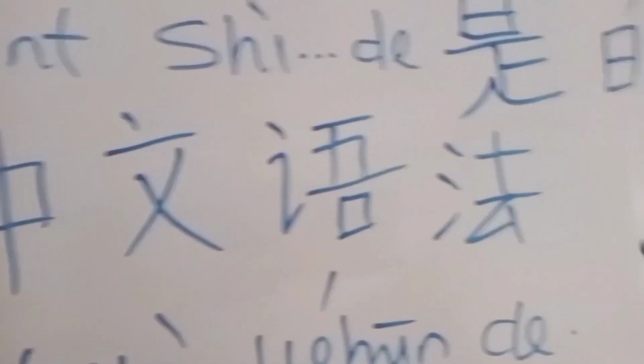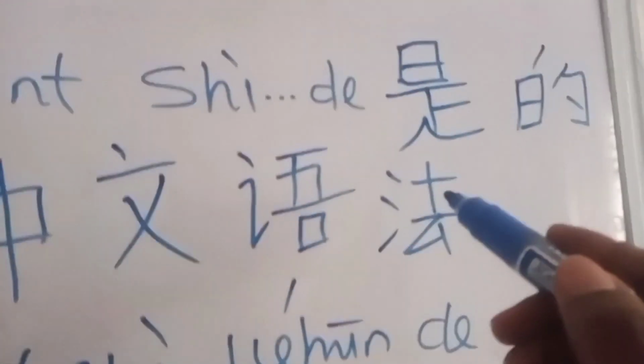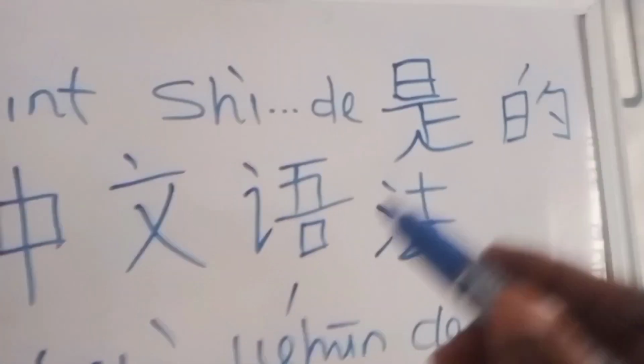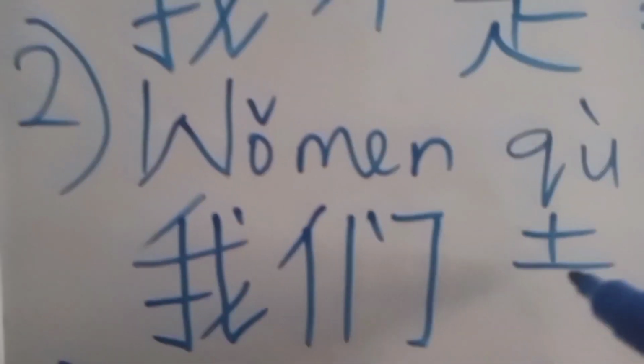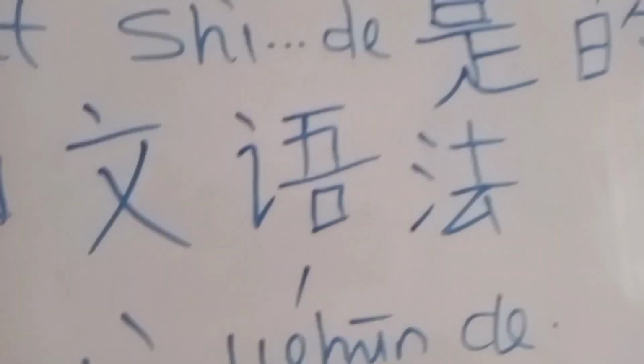Where is it? Yes. It's just that it doesn't have the 三点水. This dots and this mark is what we call 三点水. But here, you don't have it. It's just the other part that you have here.